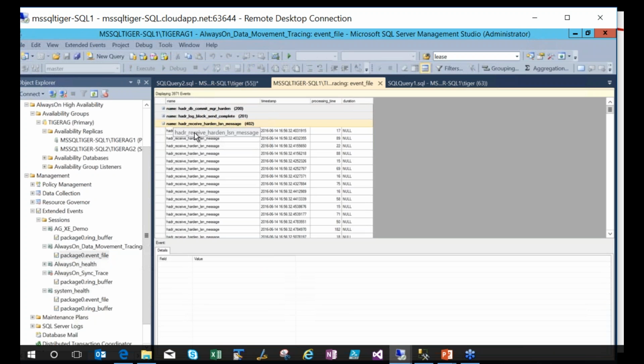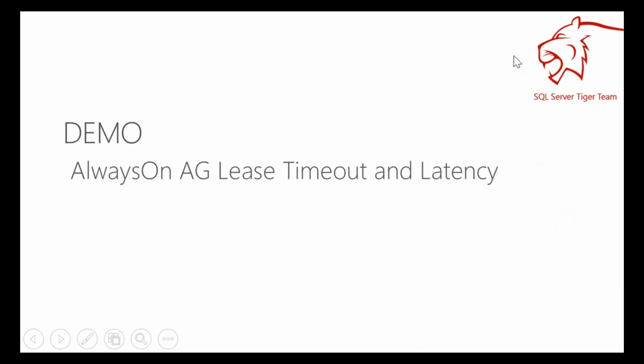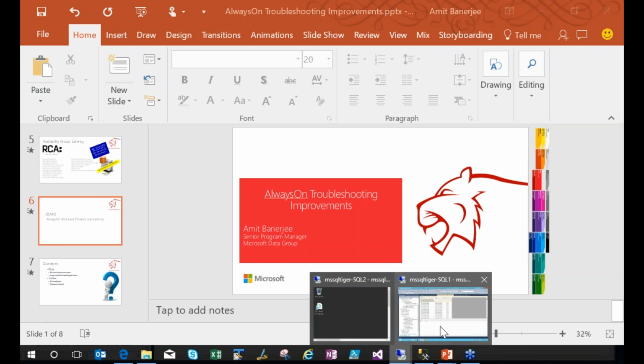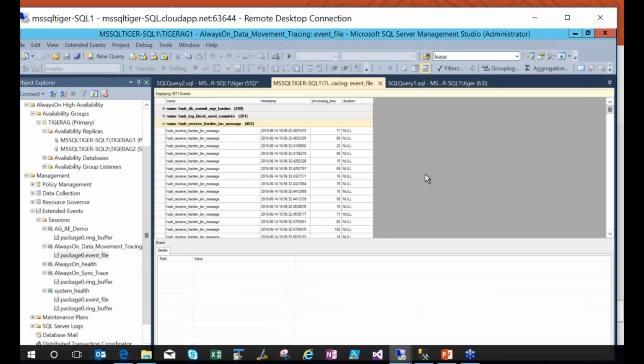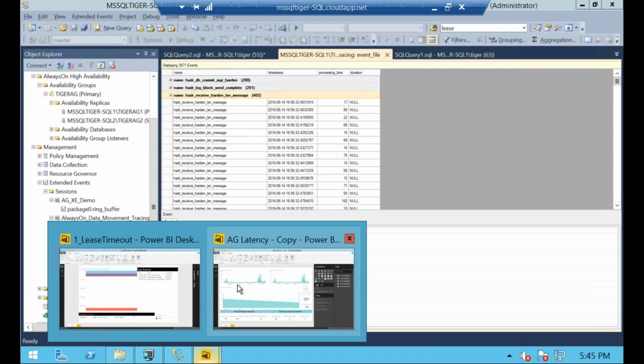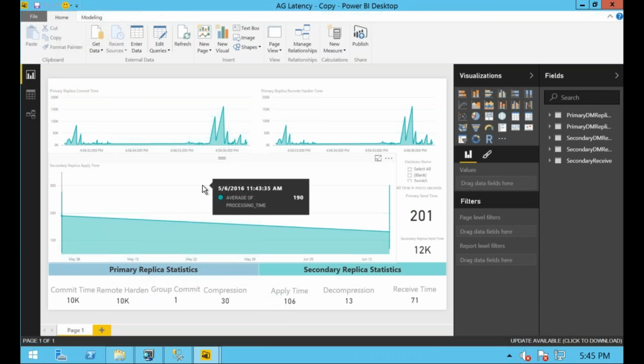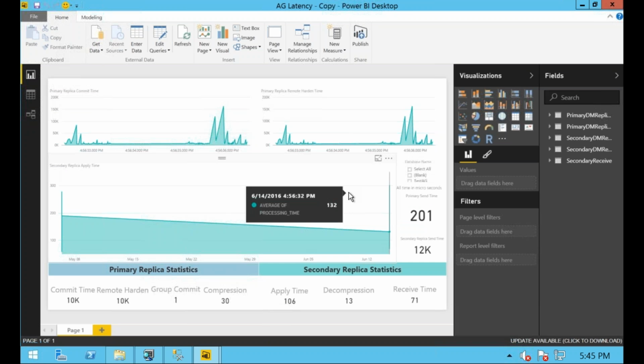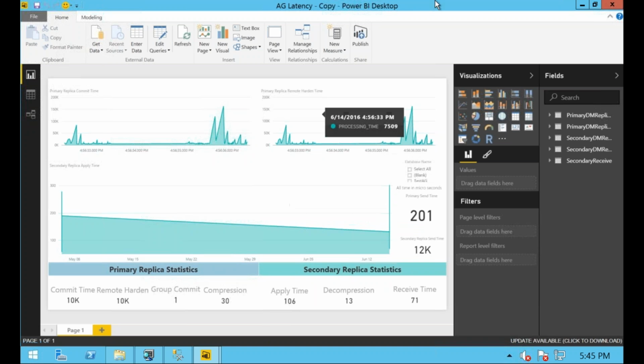If I have to look at each of these messages, at times it's going to be difficult. So what we did over here is we created an extended event report in Power BI Desktop, and this gives you the latency. I'll just explain quickly the different sections.